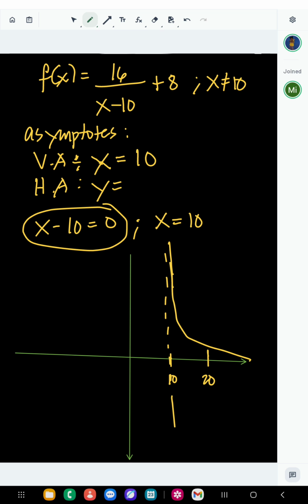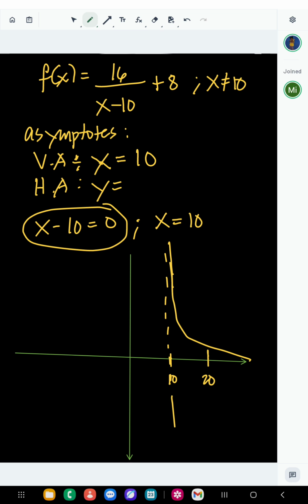We exclude any such values. The horizontal asymptote is the value of y, y equals b, as the graph approaches infinity.